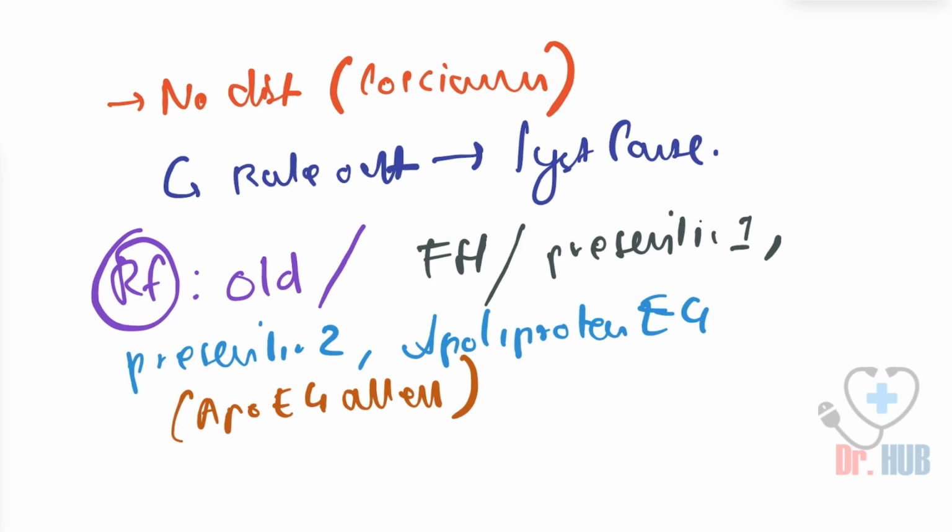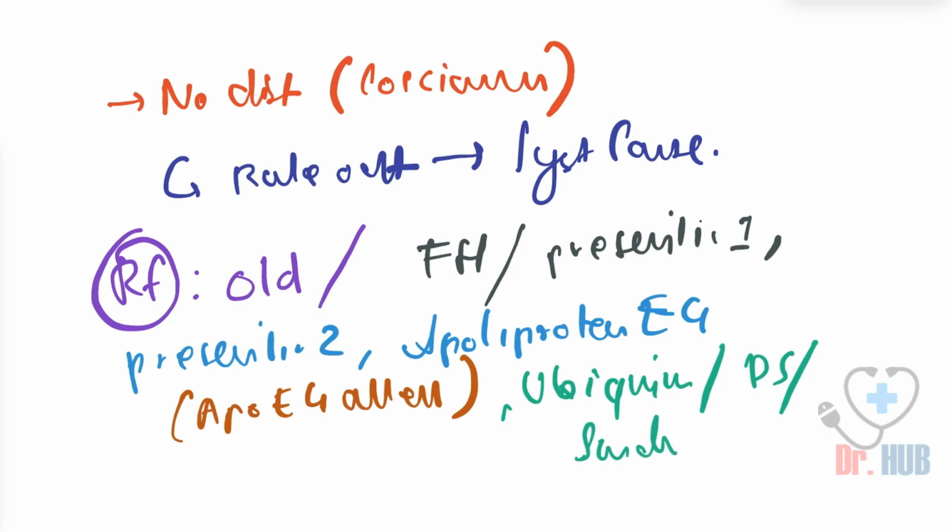And then there is also ubiquitin, and also Down syndrome and smoking.